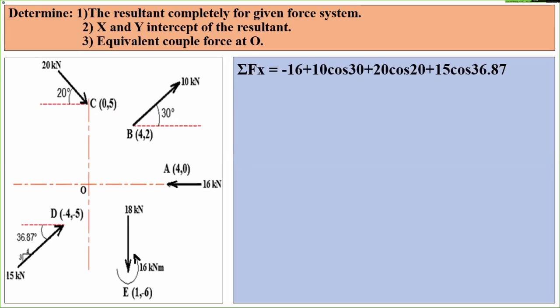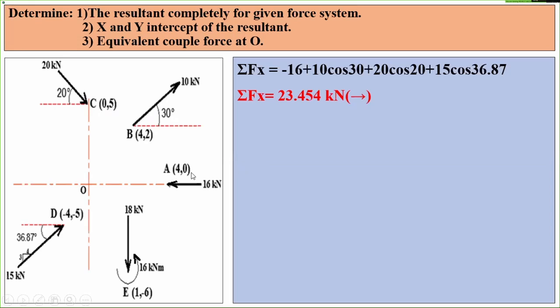Then the force acting at D of 15 kilonewton, its inclination is 36.87 degrees, and it is acting in the first quadrant, towards the right. So its x component is also positive: 15 cos 36.87. Then the 18 kilonewton force acts in the vertical direction, so its x component is 0.